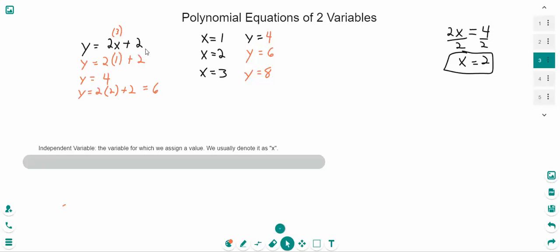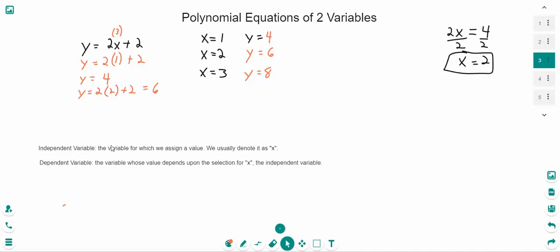But most of the time, they're going to write these two variable equations with the variables x and y. And when they do that, it's just understood that the x is going to be the independent variable, and y is going to be, this next definition here, the dependent variable.